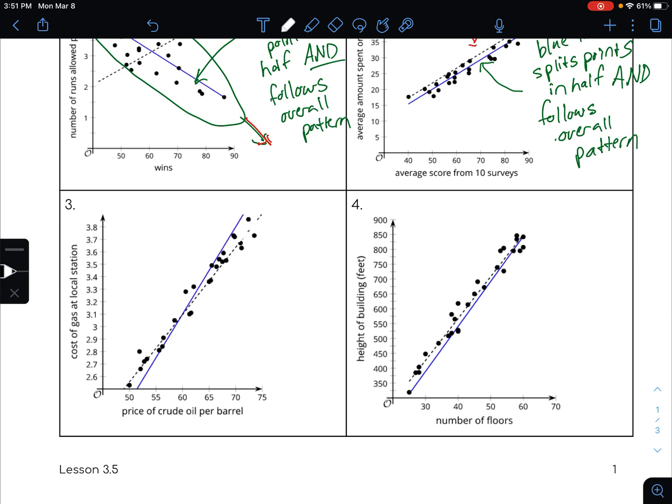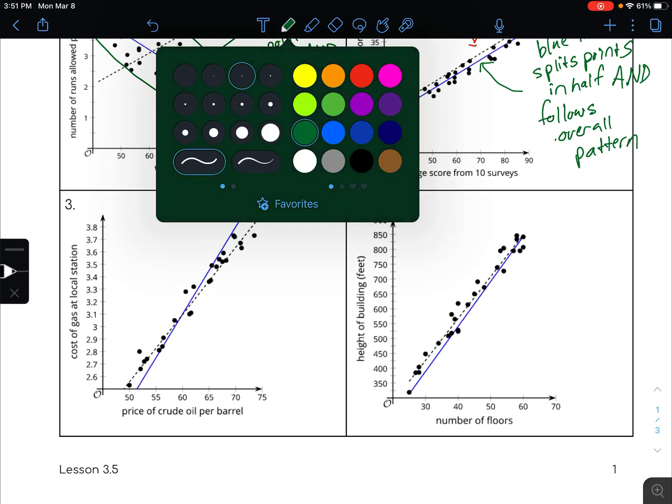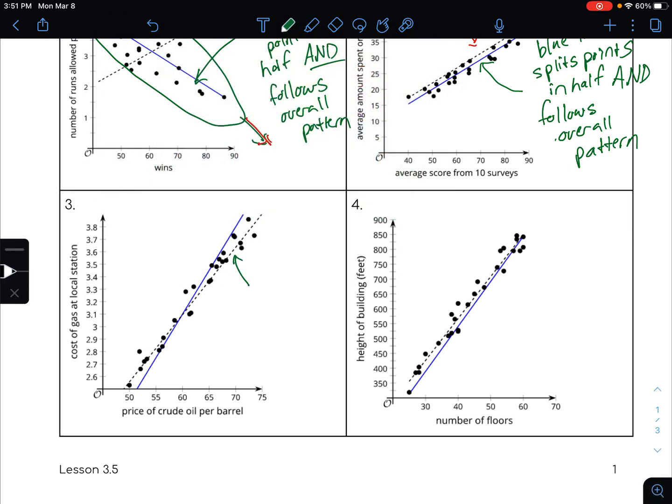Versus the blue line, while it splits the points in half, if you erase the other line, let's see if I can just quickly do a little erasing here. At first glance, it seems like that could be okay, but it definitely feels like that line should be shifted a little bit to follow the pattern and have that slope a little bit less steep. So I would say on this one, and I hope you agree, that the dashed line is the better one.